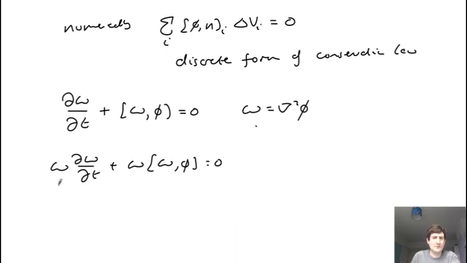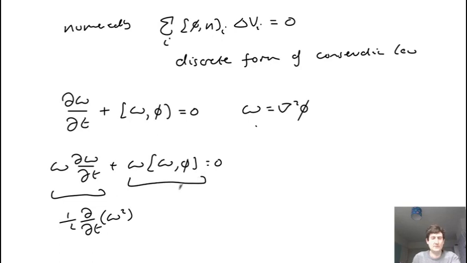And so this term here, you just get half omega squared from there, and then this term also we can just use the same divergence form and just write that this is a half divergence of omega squared.